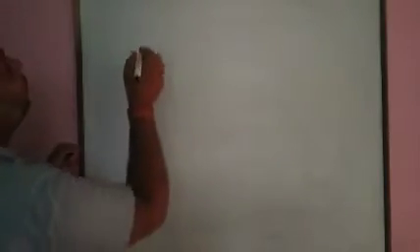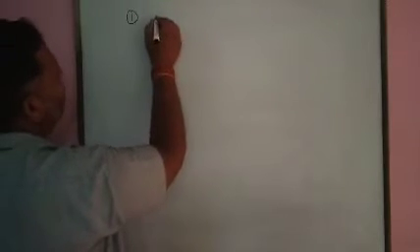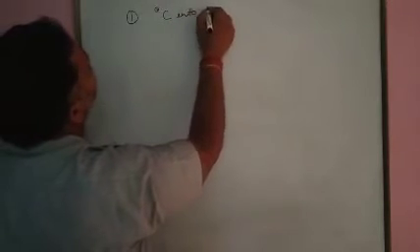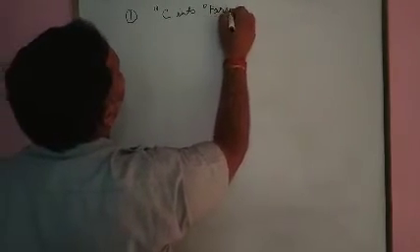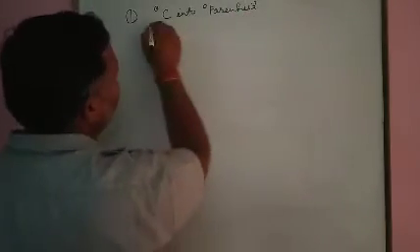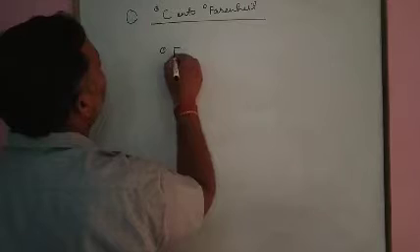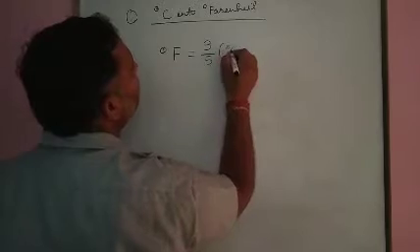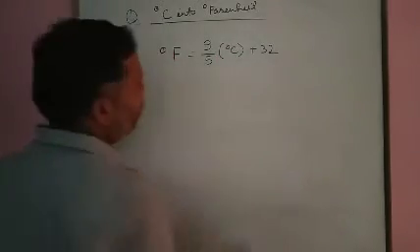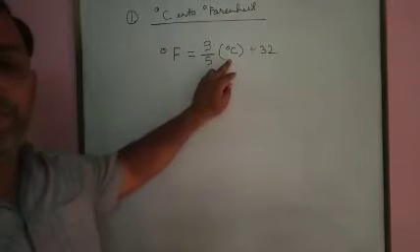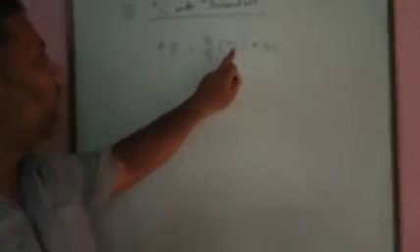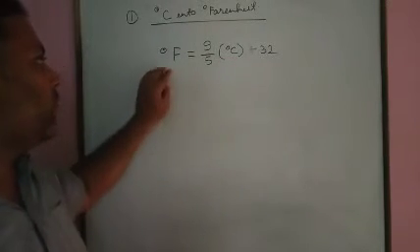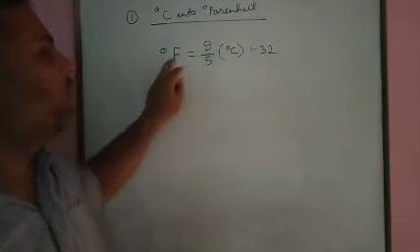First, to convert degree centigrade into degree Fahrenheit, degree Fahrenheit is equal to 9 by 5 into degree centigrade plus 32. If you have the temperature in degree centigrade, you can convert it to the Fahrenheit scale by this mathematical operation.